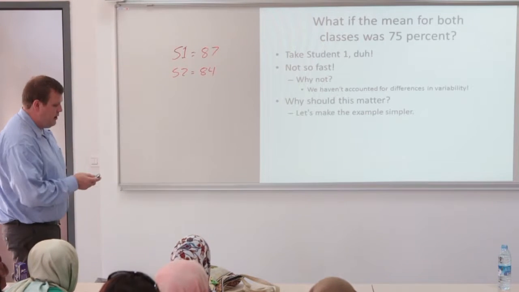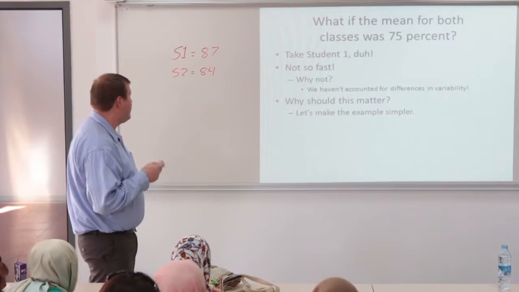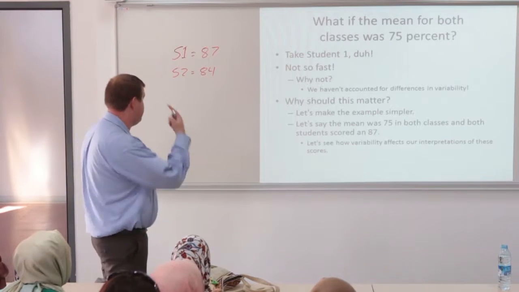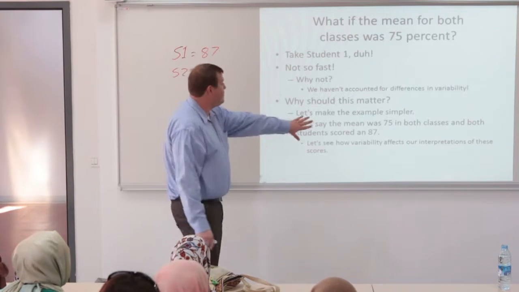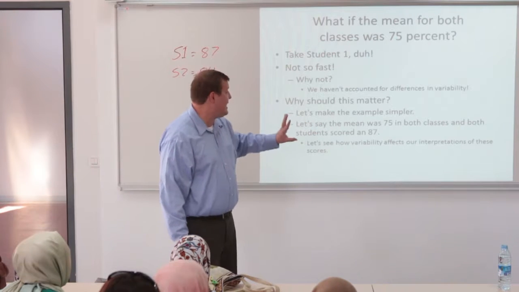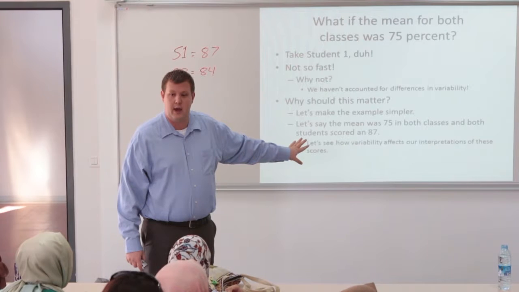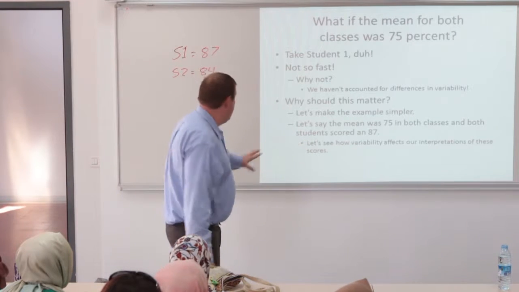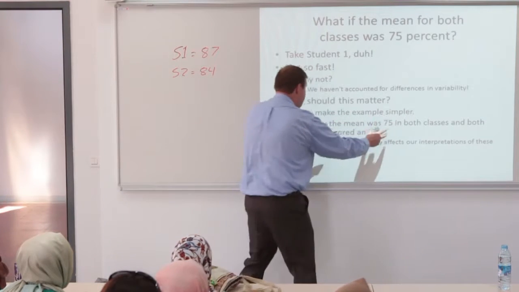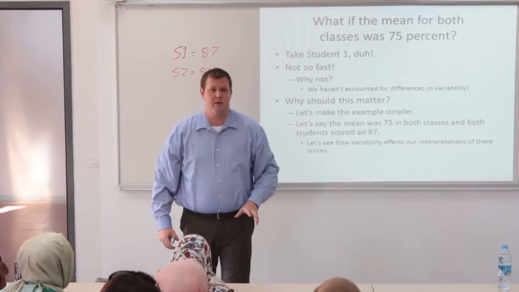So in order to figure out why this matters, let's make the example really, really simple. Let's say that the mean was 75 in both classes, and both students scored an 87 in both classes, okay? So the means are the same, the scores are the same.